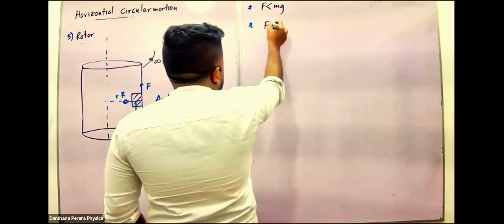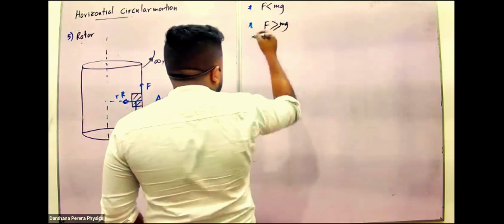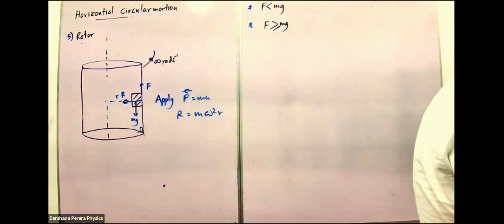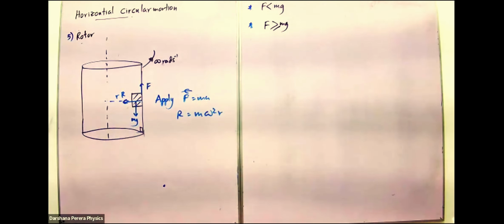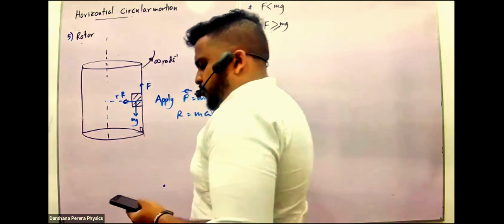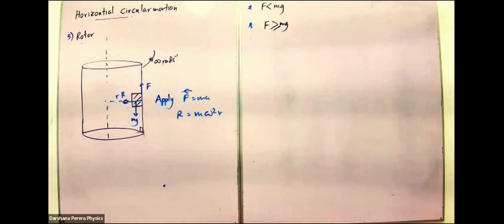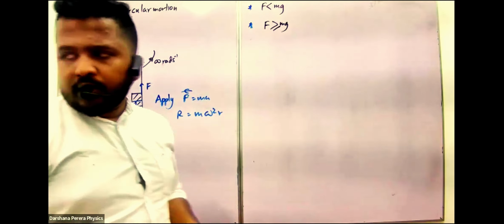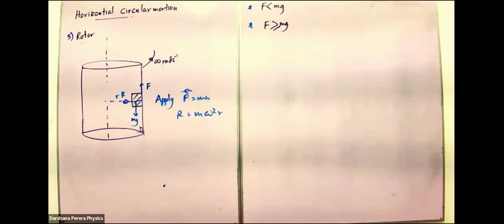When F is greater than or equal to mg, it is required to maintain a circular motion without slipping.